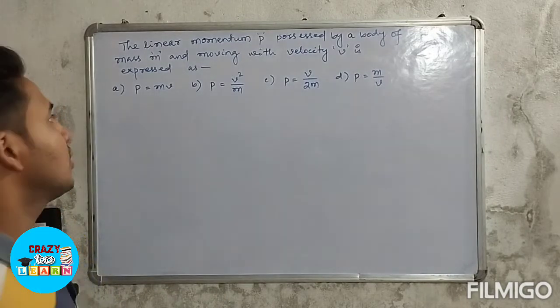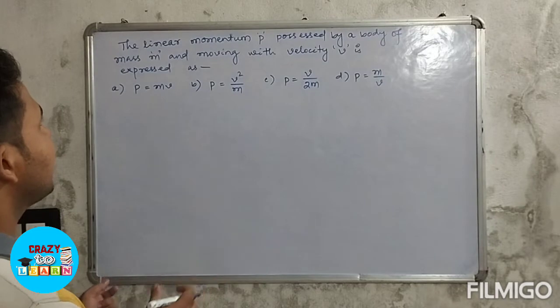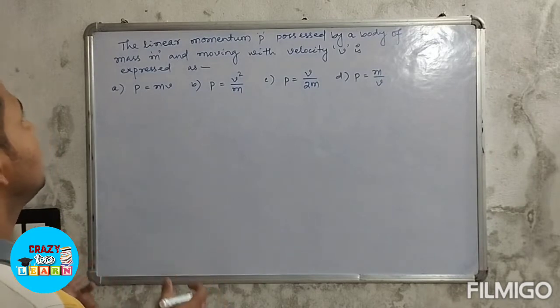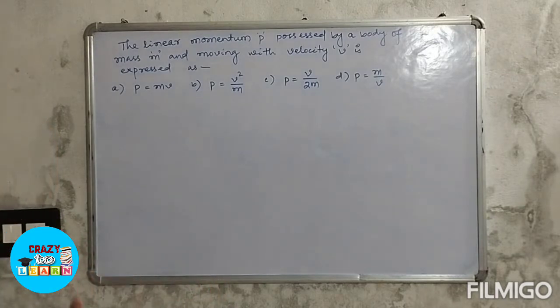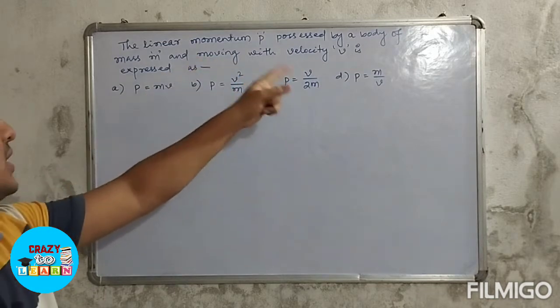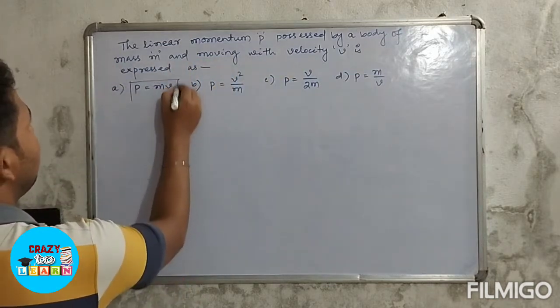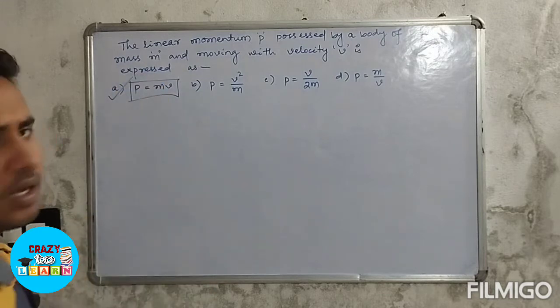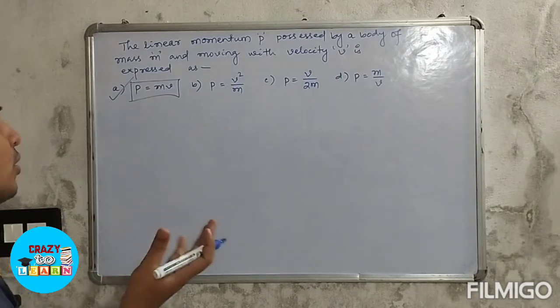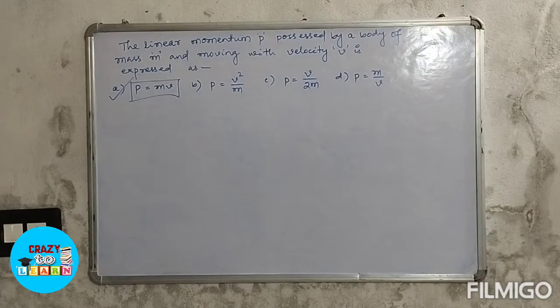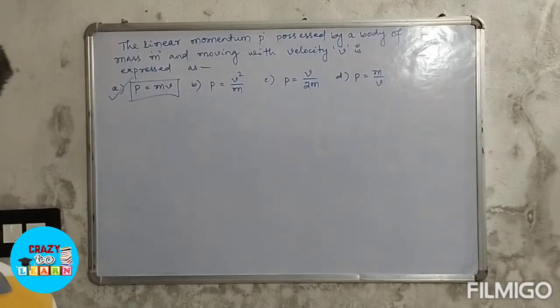In that way we can express the linear momentum possessed by a body of mass m moving with velocity v as P is equal to mv. It is the direct formula, I think you all know it. The linear momentum P is the product of mass and velocity. Okay, P is equal to mv.